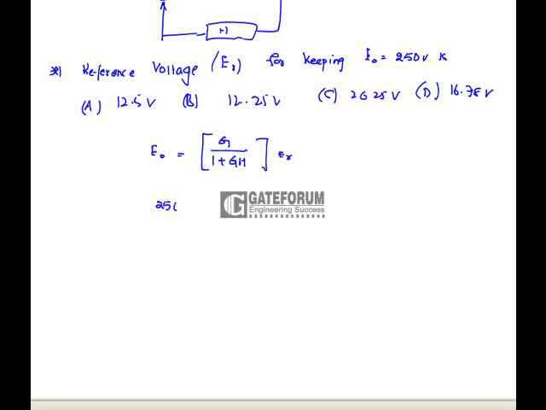Here G is 200 divided by 200 into 1 by 10. So 200 by 21. So ER is equal to 21 by 200 into 250, which is equal to 26.25 volts. That is option C is correct.